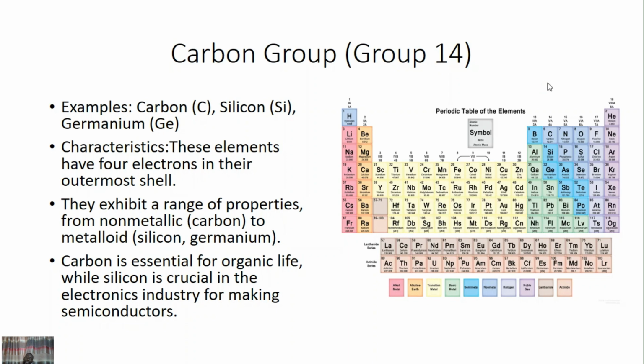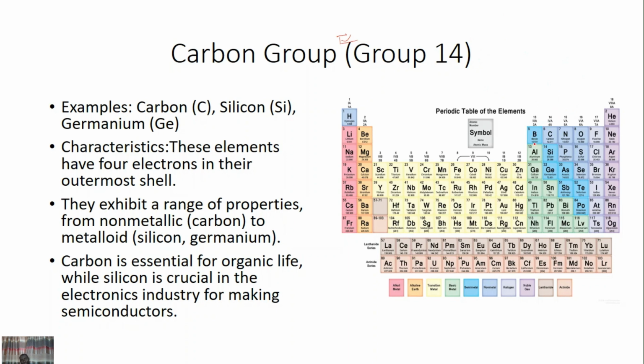The next group I'll be talking about is group 14 elements, which can also be called group 4, the carbon group. The carbon group has 4 electrons in their outermost shell. If you take notes, you will discover that the number of electrons in the outermost shell determines which group it belongs to. The number of electrons in the outermost shell is the group number of the element.